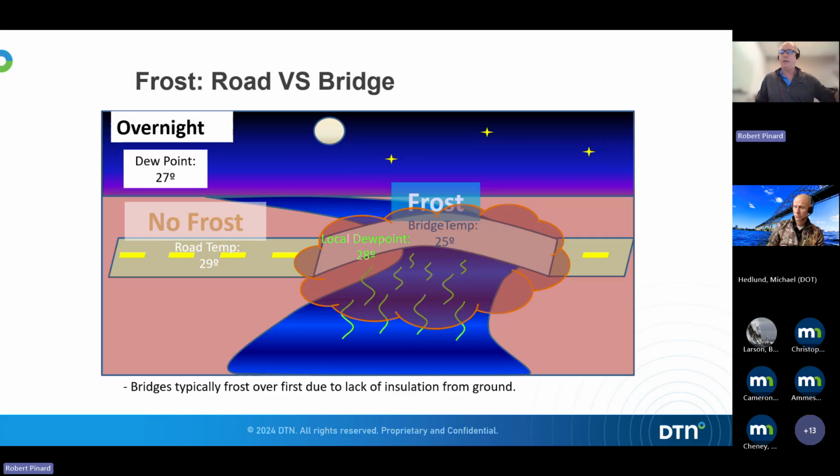And they may not be measured by the RWIS if there's no RWIS there. So like Lake Superior along Highway 61, if you maybe have just a light breeze from the east where you could maybe get some of that air that was over the lake to push over that roadway, you could actually see local dew points where it does get higher than maybe that road temperature in certain situations.